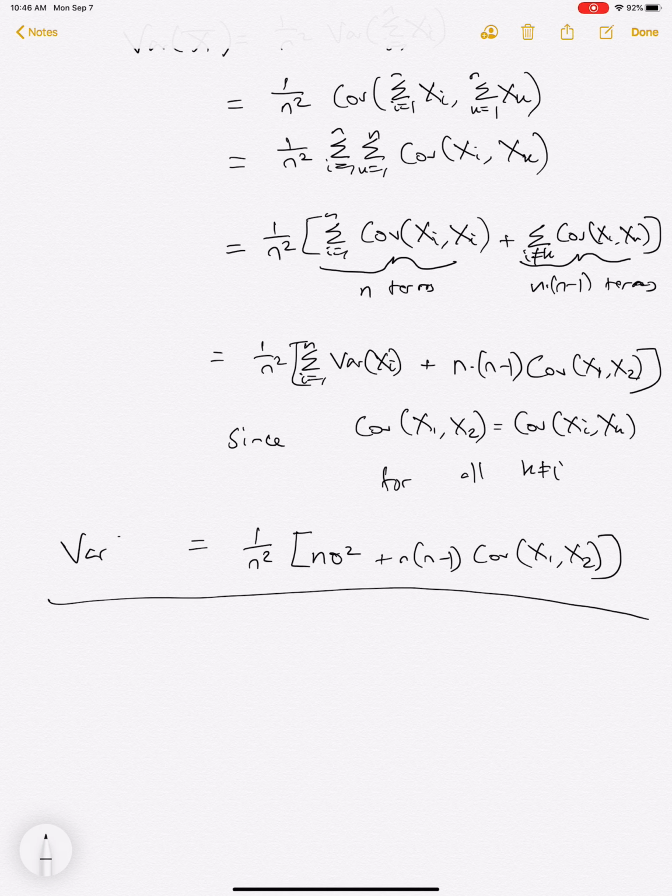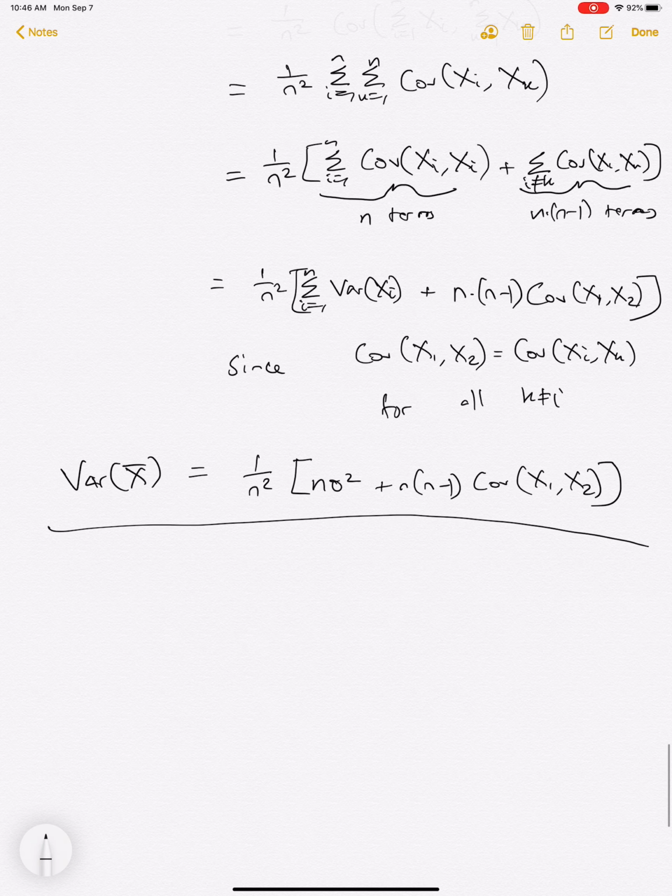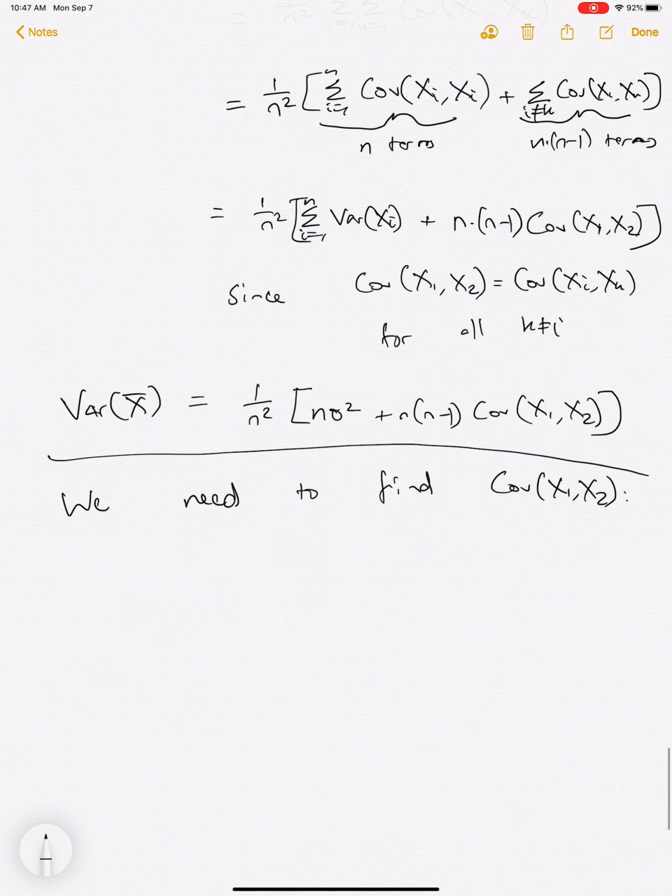So we've gotten to this point in the calculation, and the next thing to do is find the covariance of X1, X2. Here we're going to use a lot of knowledge from 309, and some of this I covered in the revision, but some of this I didn't. If you do get stuck, you can look back at it.